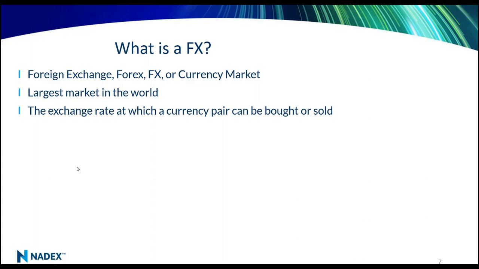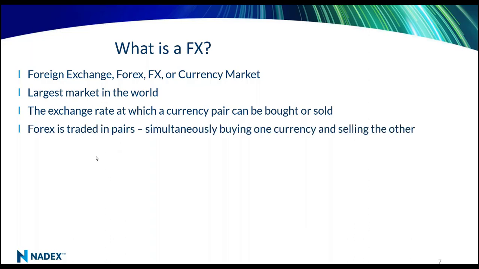And what is that? It is the exchange rate at which a currency pair can be bought or sold. When we talk about foreign exchange and currency pairs, FX always trades in pairs. What you're doing when you trade FX in the spot market is actually two trades at once.